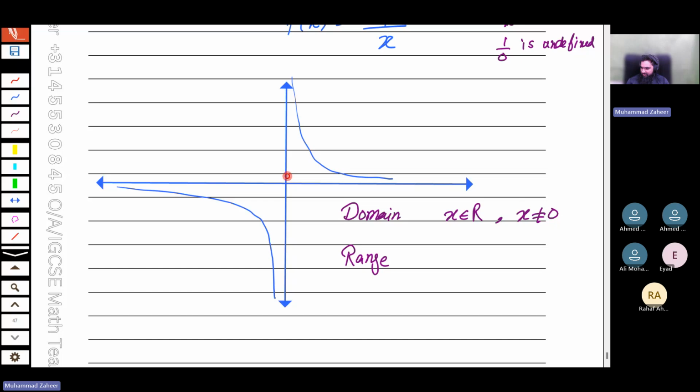Are we getting all positive y values? Yes. All negative y values? Yes, but we are not going to get the answer at y is equal to 0. So what will we say? The range of this function is all real numbers except f of x is not equal to 0.